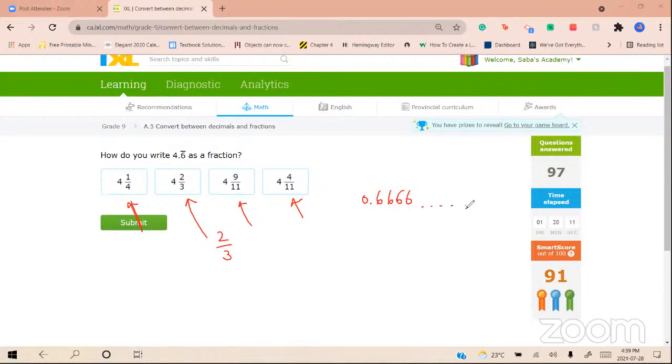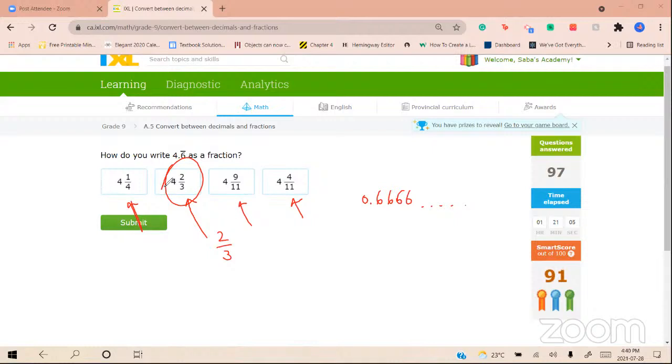So if you try them all in your calculator, which one do you get? It's the second one. Yes, very good.